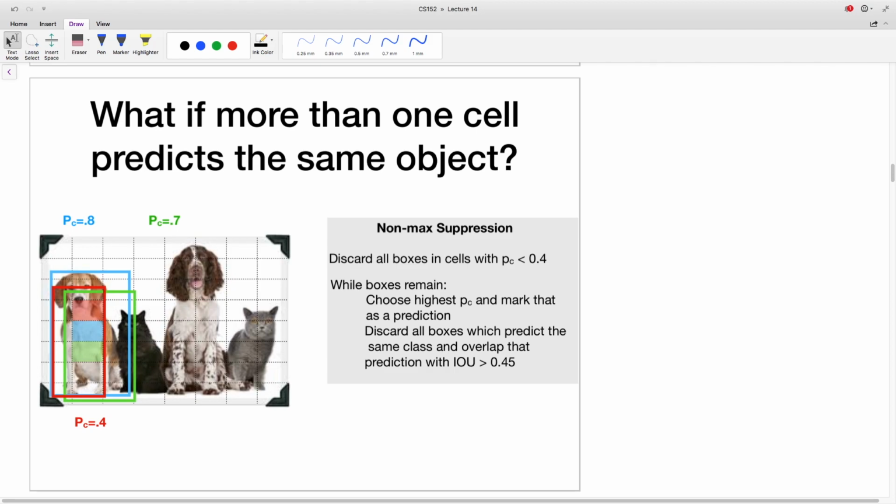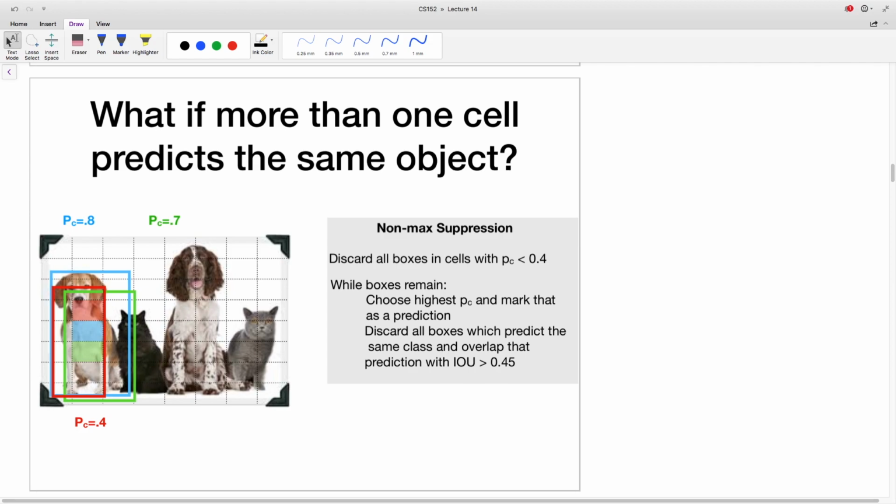But what this means is it's not a problem for training. It's a problem for prediction, right? Because what that means is you feed in an image and you say, give me out all of the objects and their bounding boxes. Well, you're going to get for this dog 3 of them, right? With also probably slightly different probabilities of whether it's an object or not, and slightly different probabilities of how much it thinks it's a dog or not.